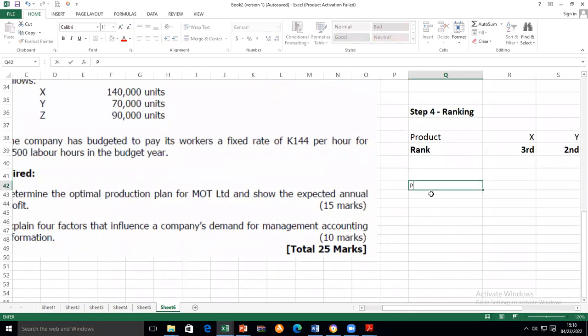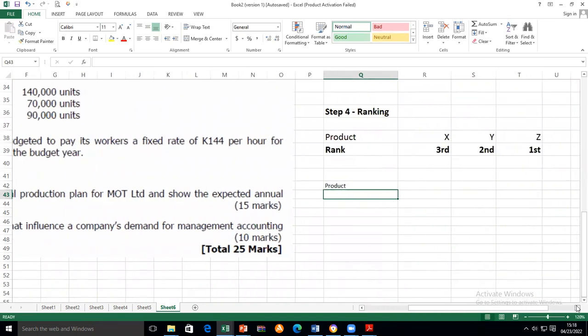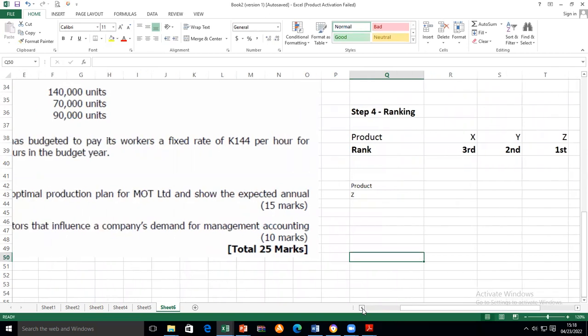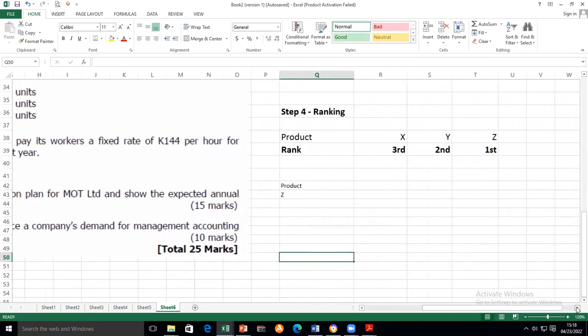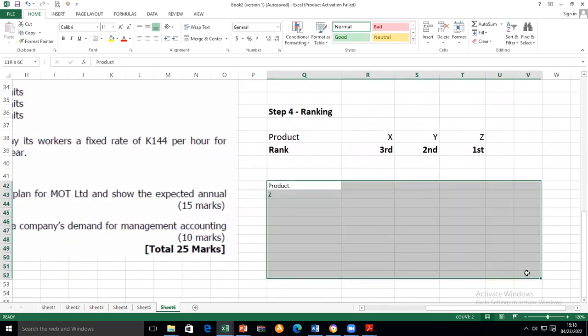So we say, okay, according to this, which product is number 1? Product Z. So product Z, we're going to produce 90,000 units.